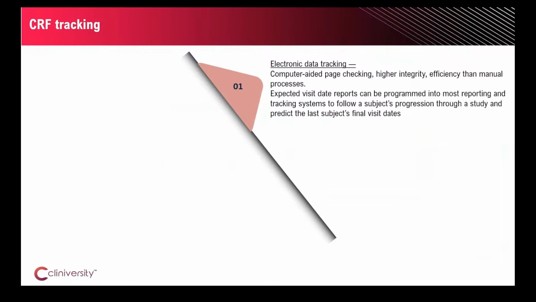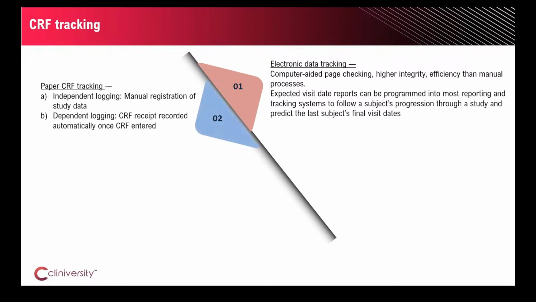Now, regardless of how the data are received, procedures should facilitate timely, high-quality data processing. Expected visit date reports can be programmed into most reporting and tracking systems. By this, we will be able to follow the subject's progression throughout the clinical trial, as well as even predict when the subject will have their last visit.